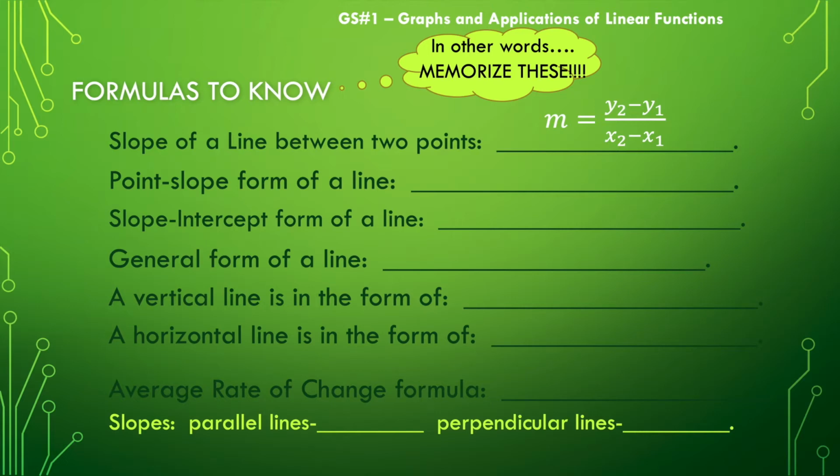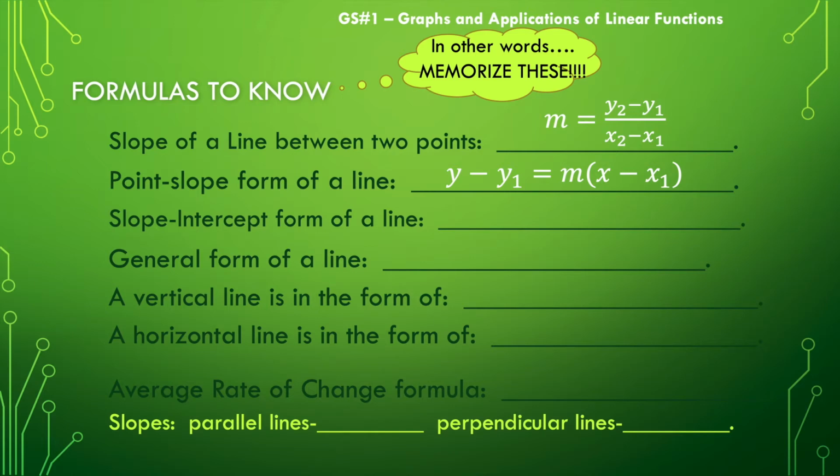Now, point slope form of a line, this is a really, really useful form of a line. And it is not emphasized so much in high school. But for any of you all going on to calculus, this would definitely be one that you would want to become familiar and comfortable with. The point slope of a line is really useful because if you have a point and a slope, then you can write this formula.